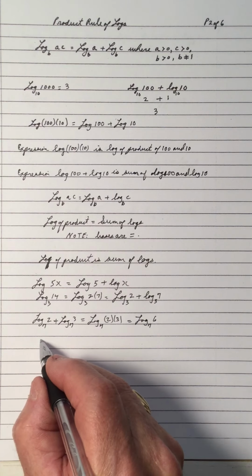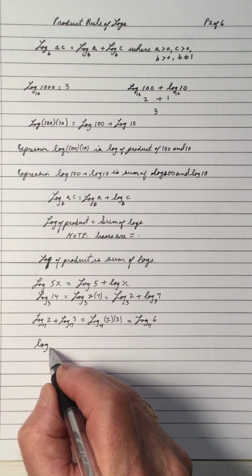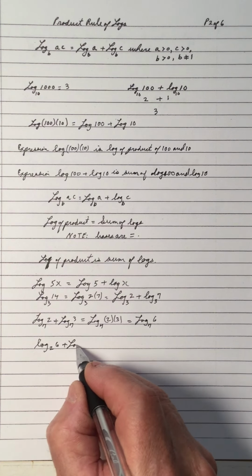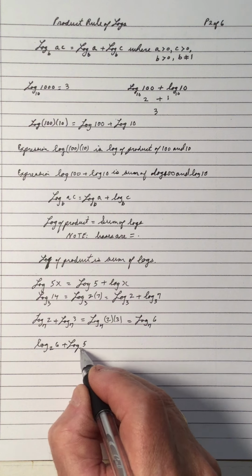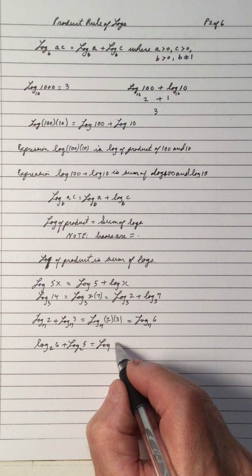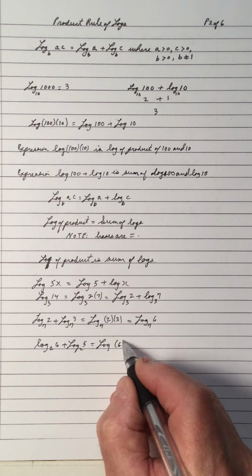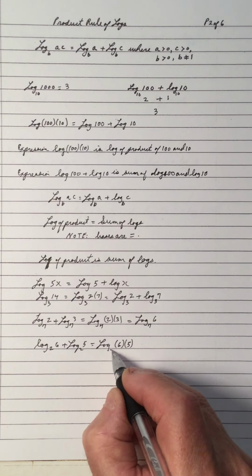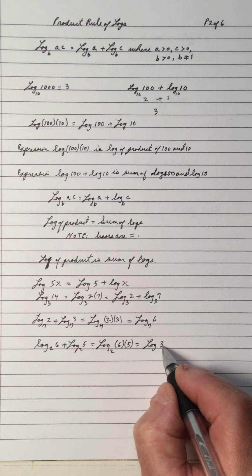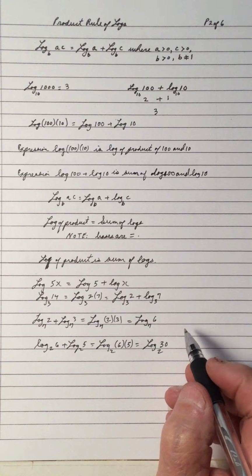And another one. What about the log of 6 base 2 plus the log of 5 base 2? Again, the two bases are the same. So that's the log of 6 times 5 base 2, and that's the log of 30 base 2.